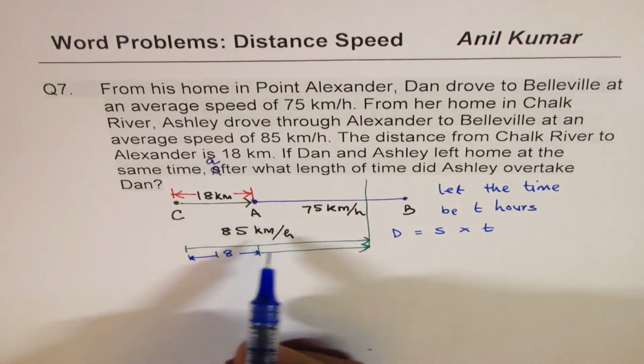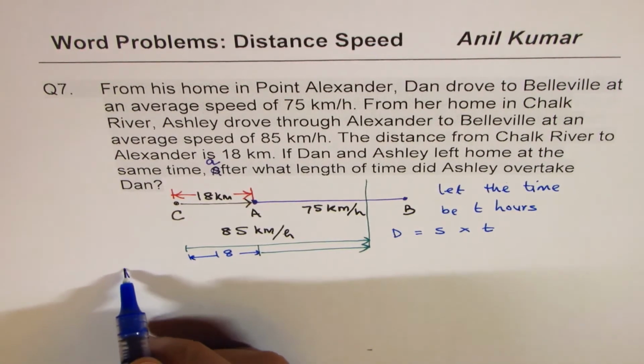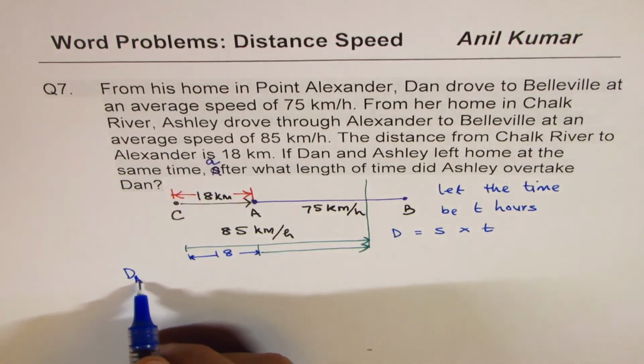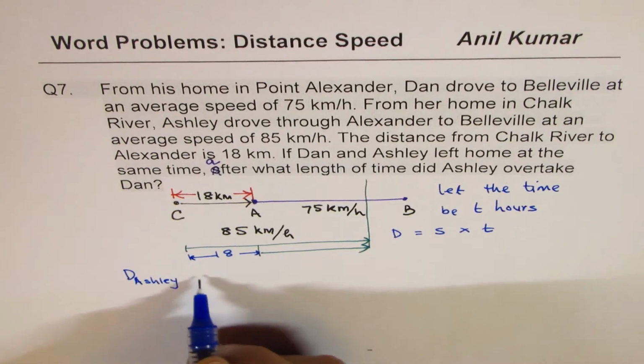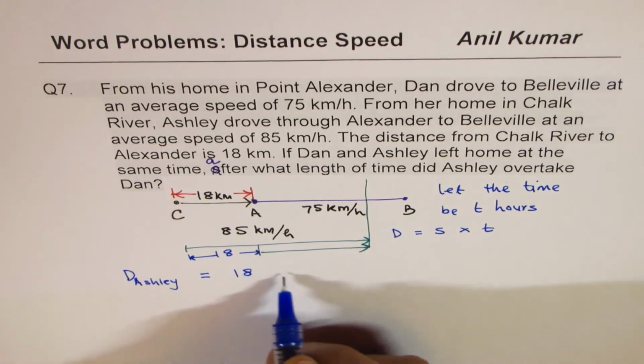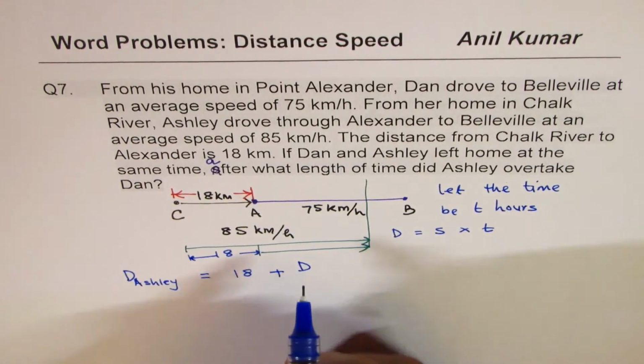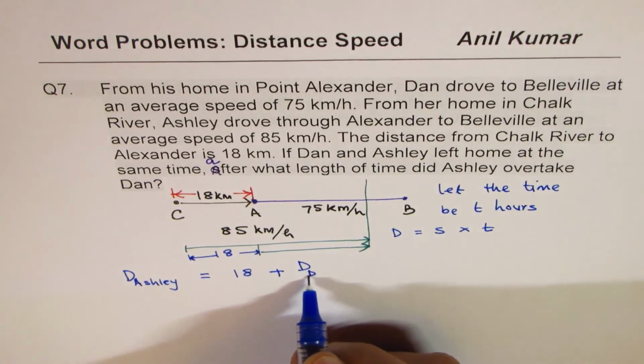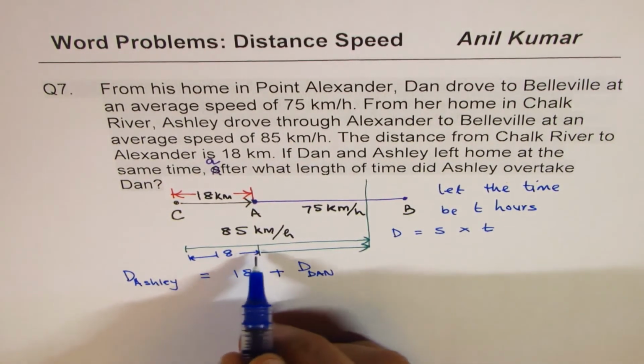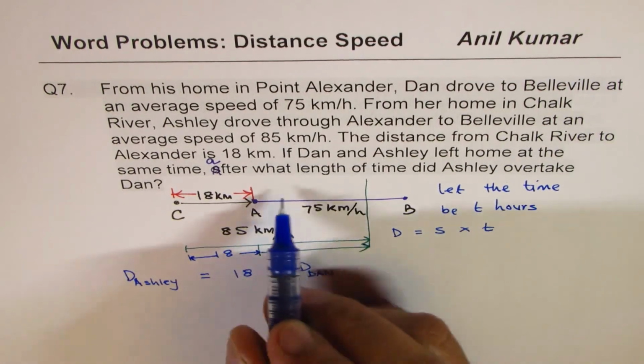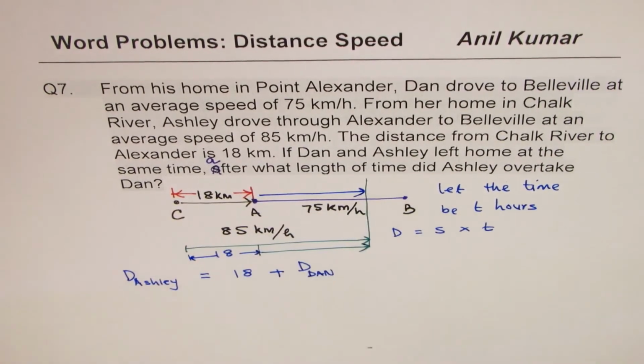So the distance traveled by Ashley is equal to 18 plus the distance traveled by Dan, correct? So that is 18 plus the distance traveled by Dan, because Dan travels only from A to B.